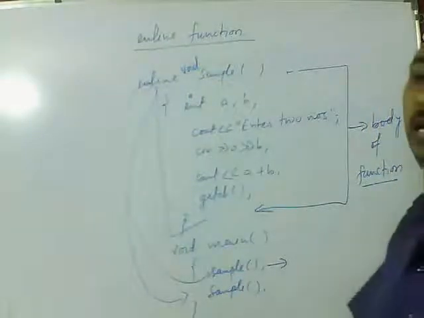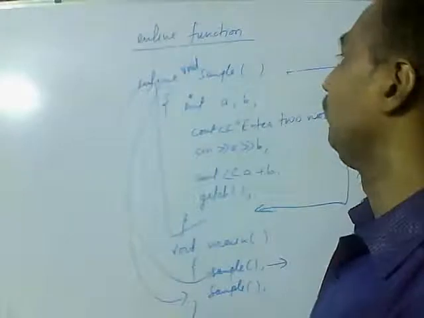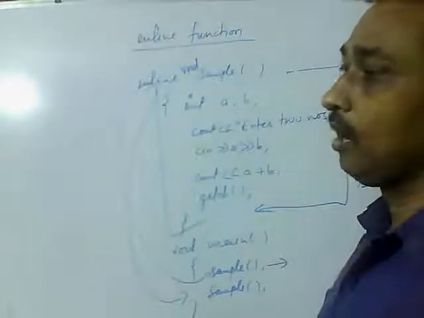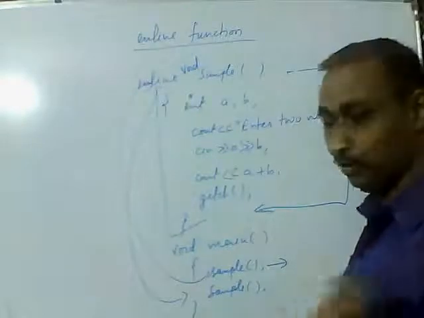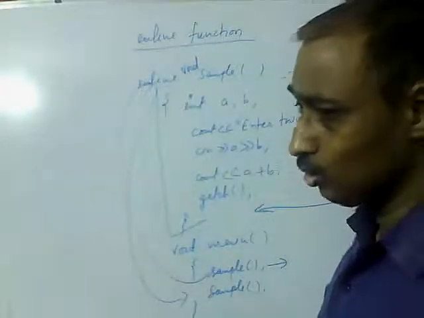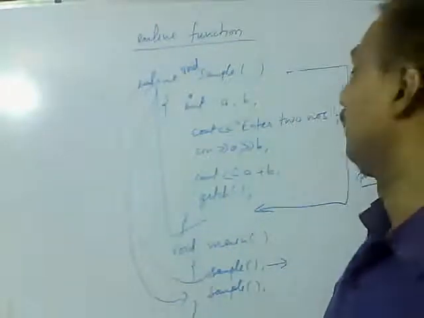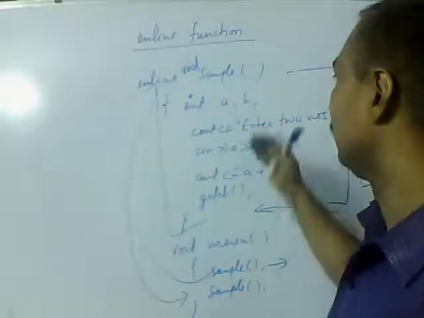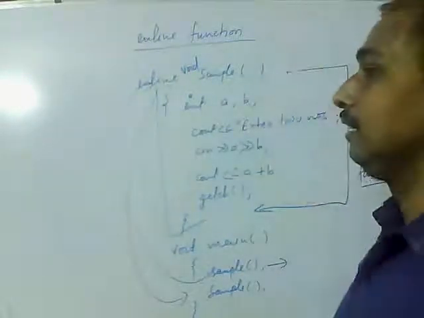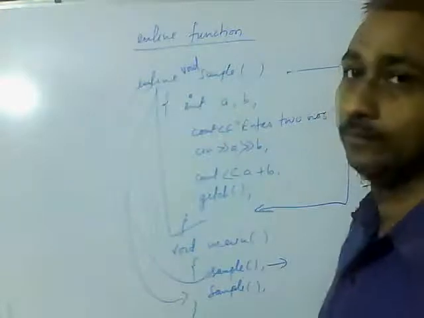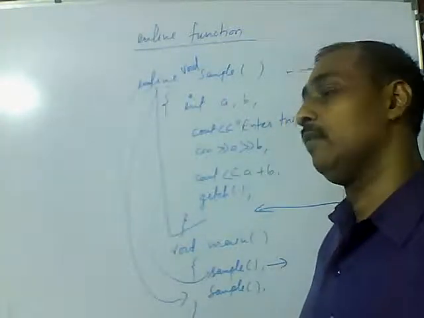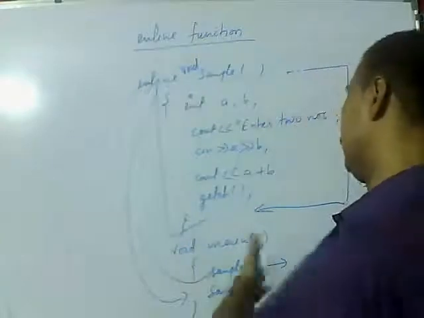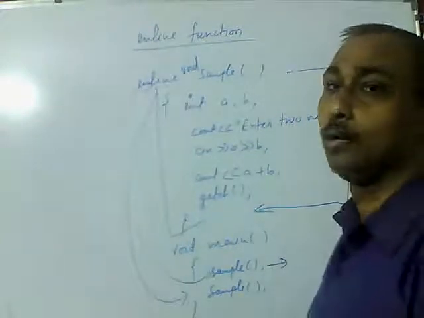The need of inline function is, whenever we have a small body function, we should prefer to make it inline, because the calling and returning time of the function from the calling statement to the parent function will be more than the execution time of that particular code.